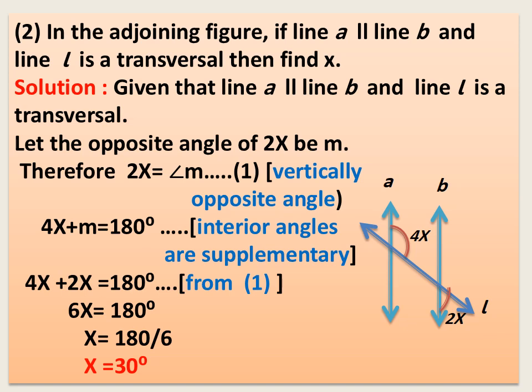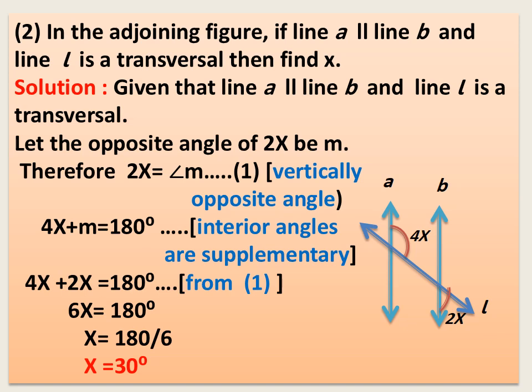While finding the value of x, let the opposite angle of 2x be M. Therefore, 2x is equal to M, which is equation 1, because they are vertically opposite angles. Therefore, the angles 4x and M are between the parallel lines and on one side of the transversal. Therefore, these angles are interior angles.